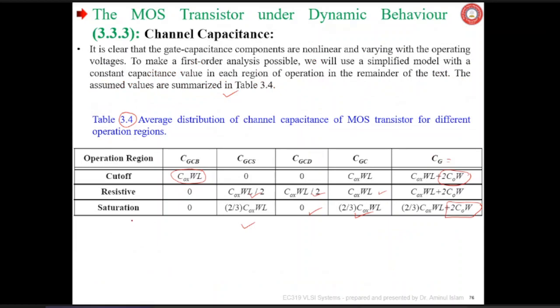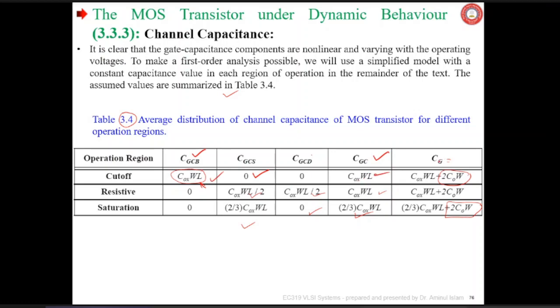The values of the various capacitances are summarized here, and you can have a look. In cutoff, CGB is Wx into WL, that is the area, and in other cases CGCS and CGCD are 0, and the total channel capacitance is nothing but the same value.